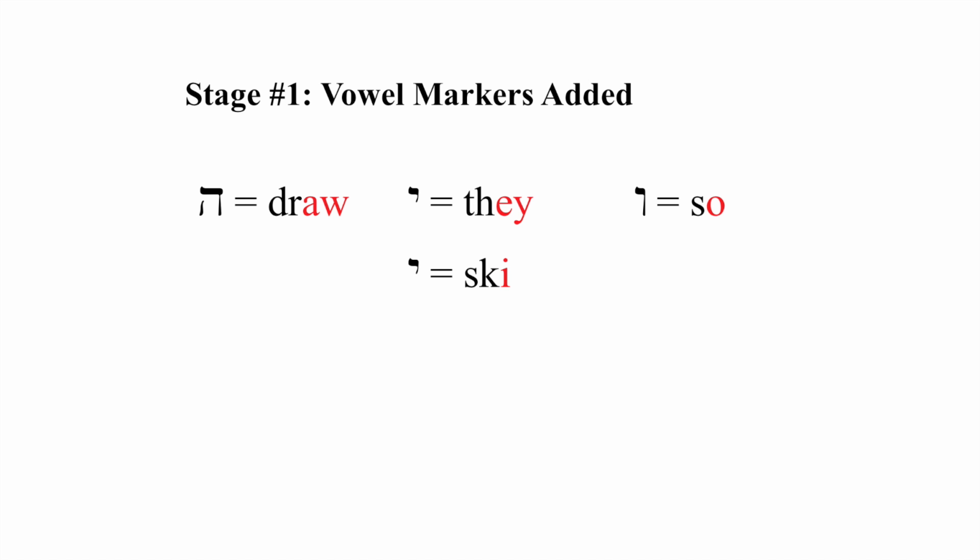The same thing then is true with the O and the U, both of which are represented with Vav. Again, Vav had the historic W sound, so when we say O or oo, you can hear the W sound that was at the end of that vowel that led them to use Vav as a vowel marker in text.